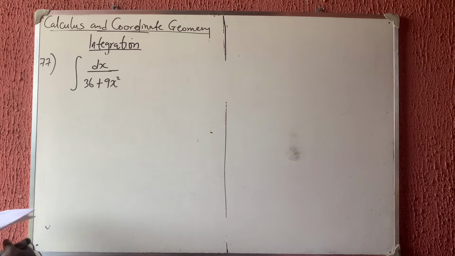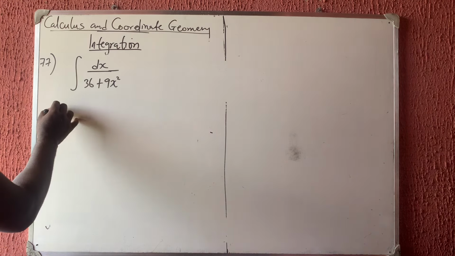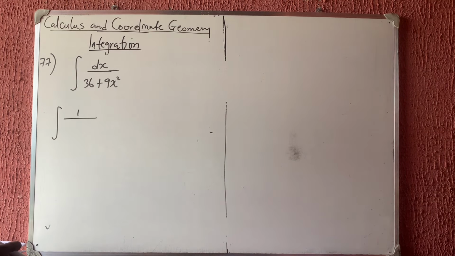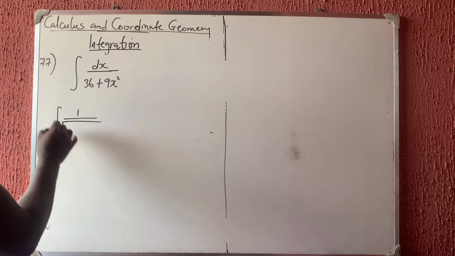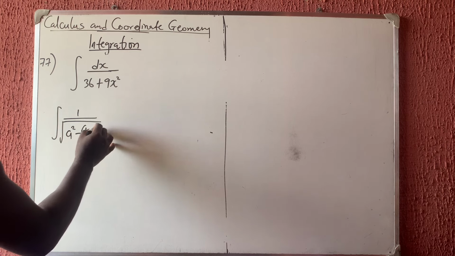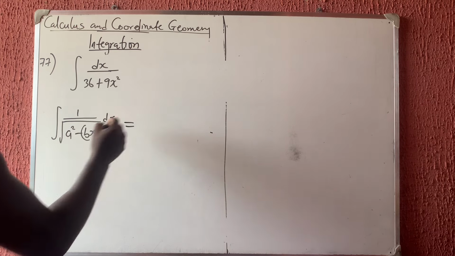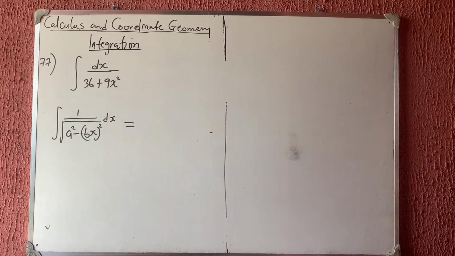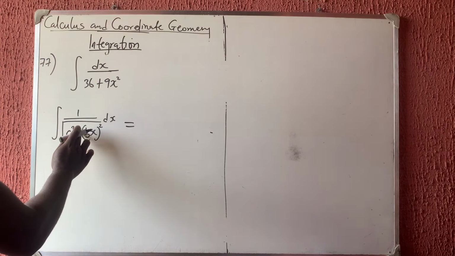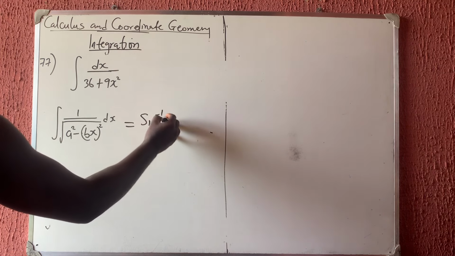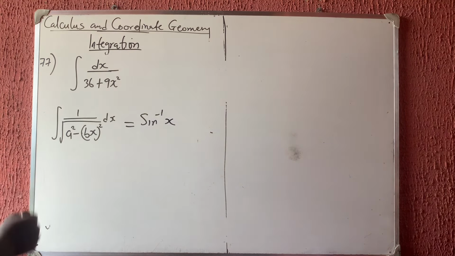the first one is that the integration, just know this, the integration of 1 over the square root of a squared minus bx all squared dx is equal to, now, if it is positive here, it's going to be sine inverse.